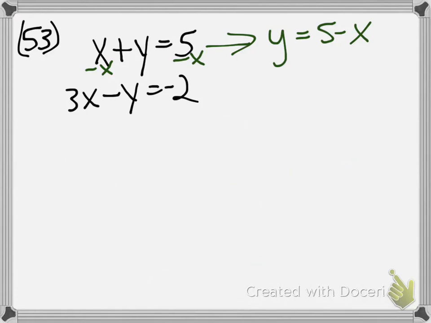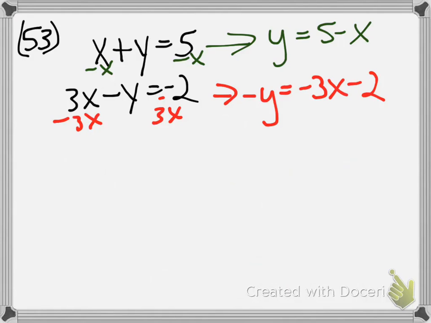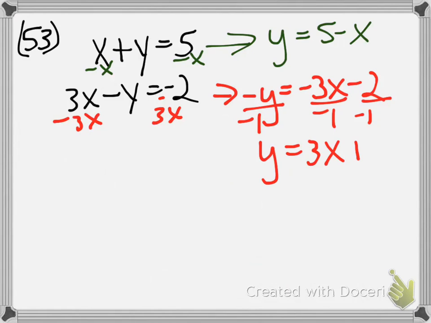For the bottom graph, I'm going to subtract 3x from both sides and have negative y equals negative 3x minus 2. Divide by negative 1, divide by negative 1. And the red graph is going to be 3x plus 2. Keep in mind, on the red one, here's my m, here's my b. On the green one, your m is always in front of x, so my m here is negative 1, whereas my b is 5.